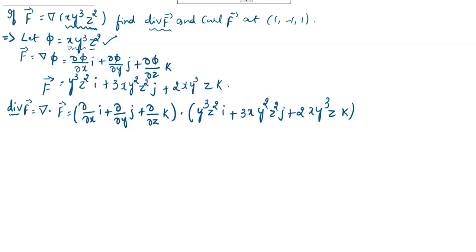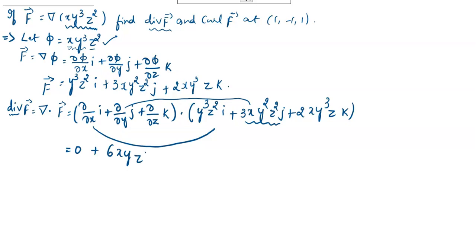So now let me take the dot product, and simultaneously differentiate y cube z square with respect to x, partially treating y as a constant. So it is 0. Plus you have to differentiate 3 x y square z square with respect to y, treating x and z as constants, and we get 6 x y z square.